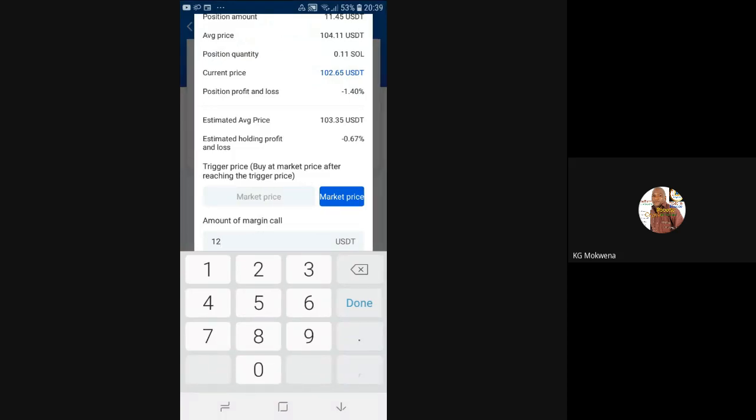After the $12 has been put into the market, your return rate will change from minus 1.42 to minus 0.67. Which is something more advantageous to you as a trader, because now your negatives reduce because you are putting more money.